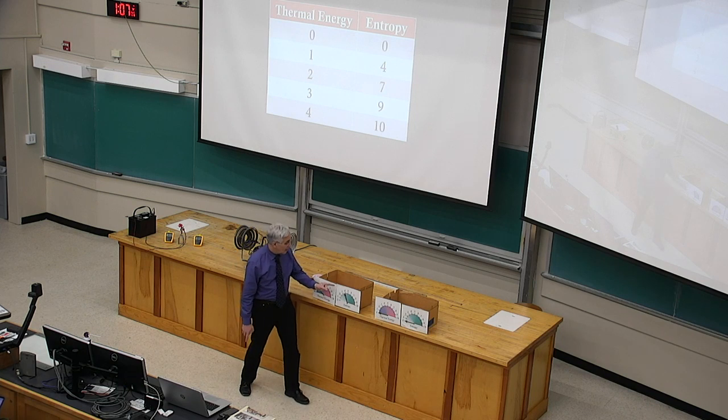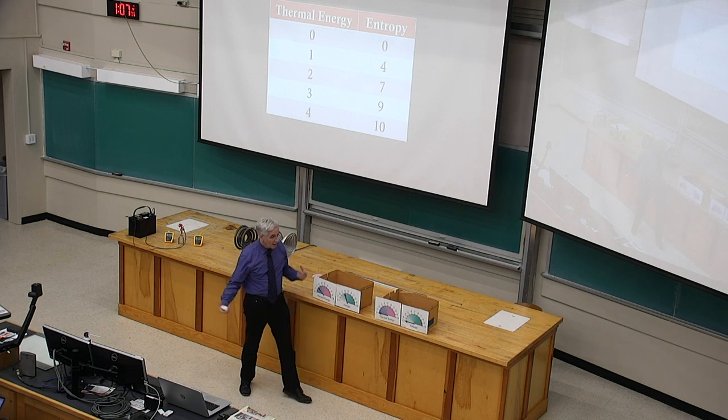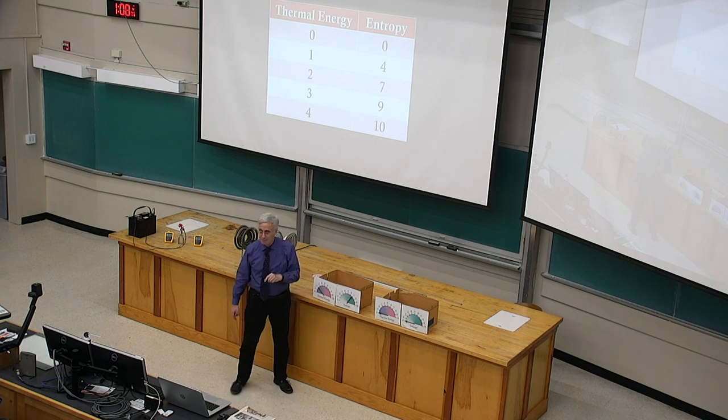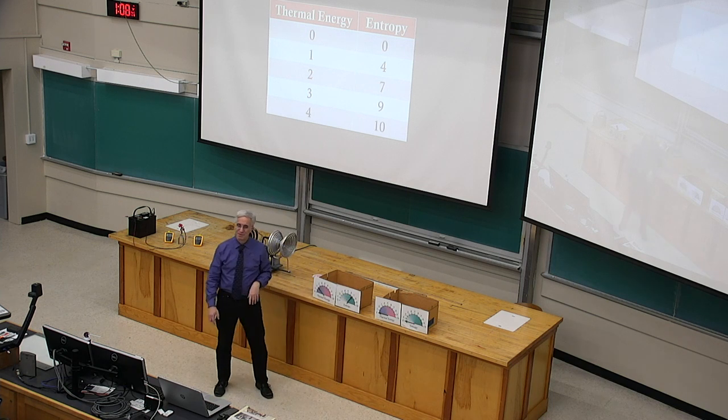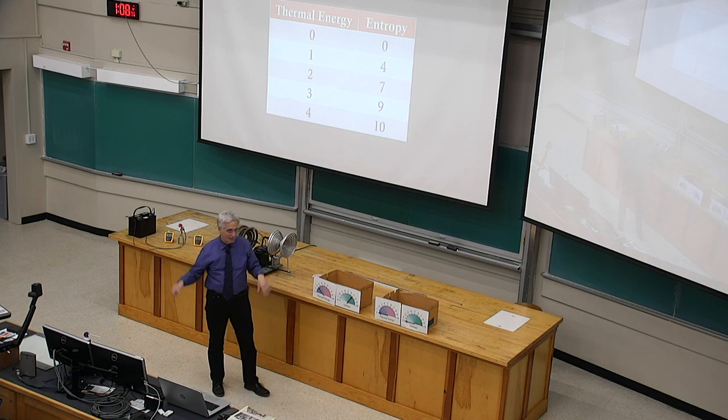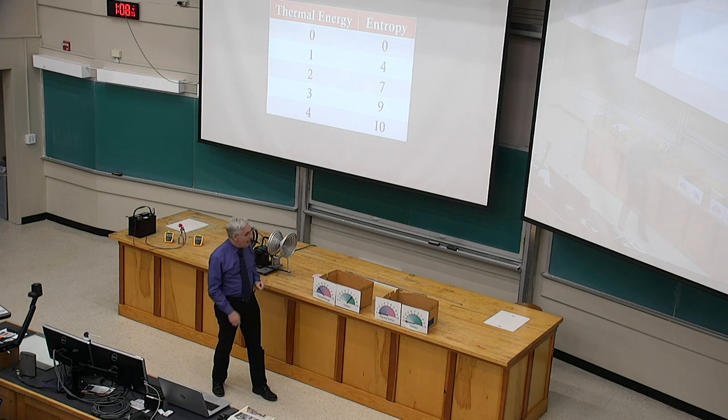So the entropy will still leap upward with that addition, but only by 3 more units, to 7. So I'm following my table. And my table is just, don't take the numbers too seriously. I picked them for convenience.